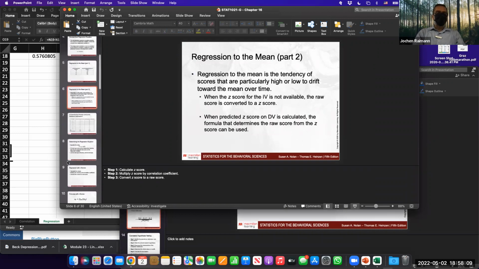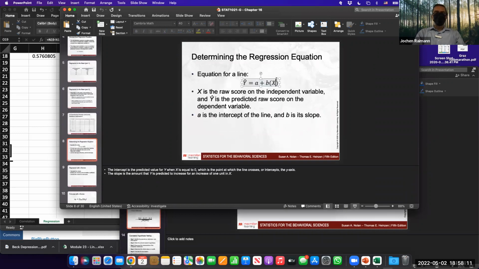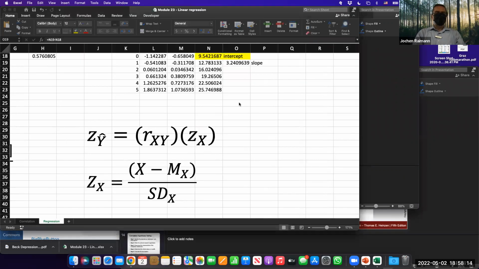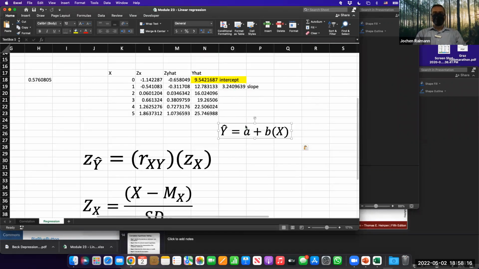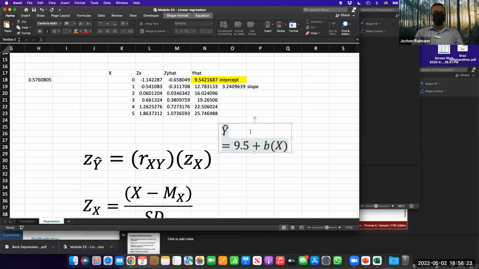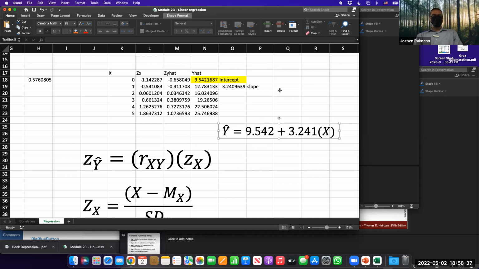The regression equation. So y hat equals 9.542 plus 3.241 multiplied by x. So this is the first regression equation that we have solved. So it's simple, right? It's not terribly complicated.